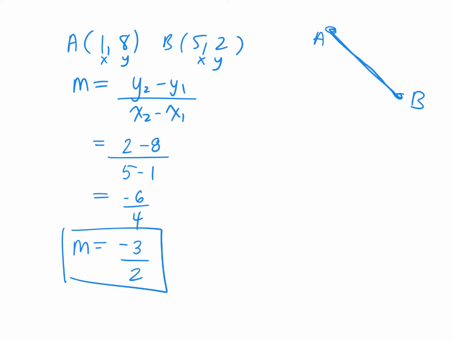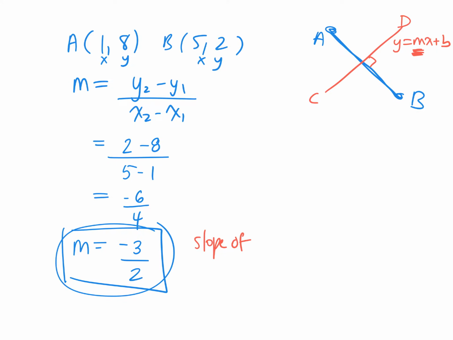Remember, we're trying to figure out the equation of a line that is perpendicular to AB. So I know we just figured out the slope of AB. I know that the slope of CD is a negative reciprocal. So what does the slope of CD have to be?